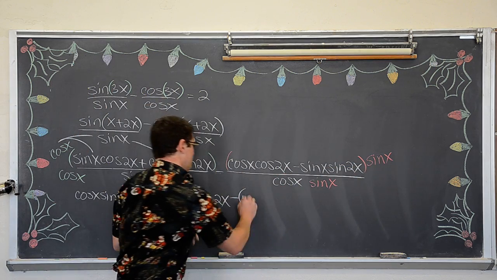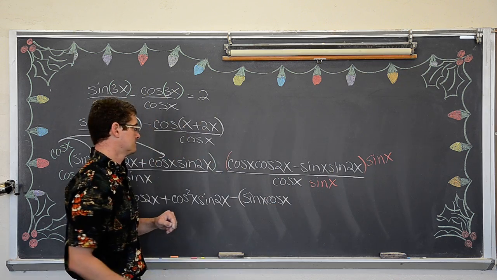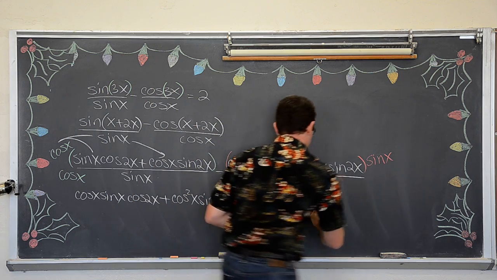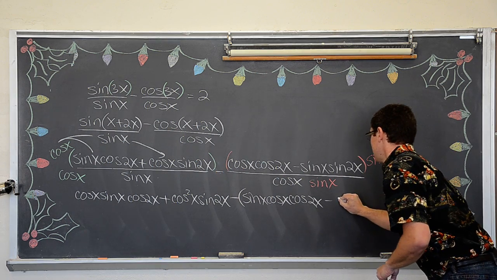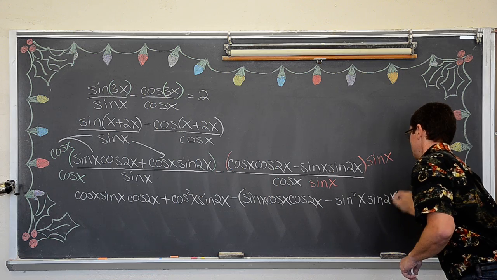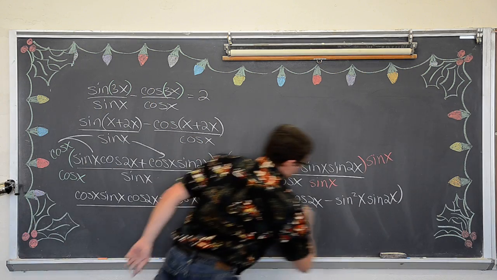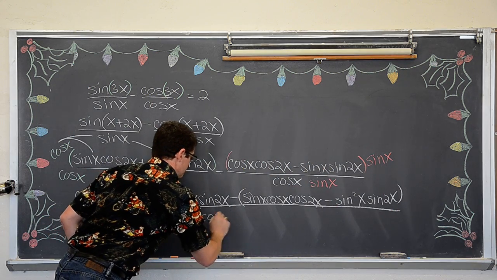Sine x, cosine x, cosine 2x. I'm getting really quiet here. I don't want to make a sign mistake in this one. All of that is over cosine x sine x.